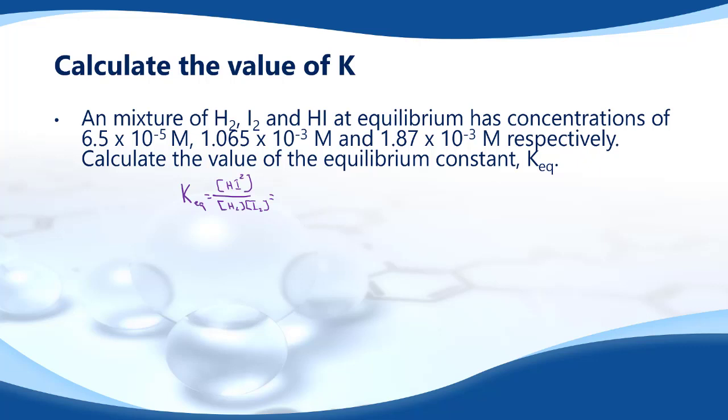So the concentration of HI is 1.87 times 10 to the minus third, and we are going to square this, over 6.5 times 10 to the minus fifth times 1.065 times 10 to the minus third.